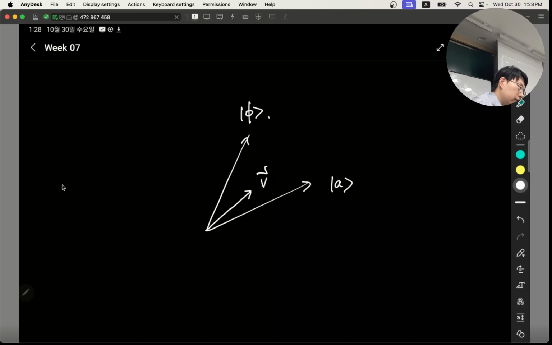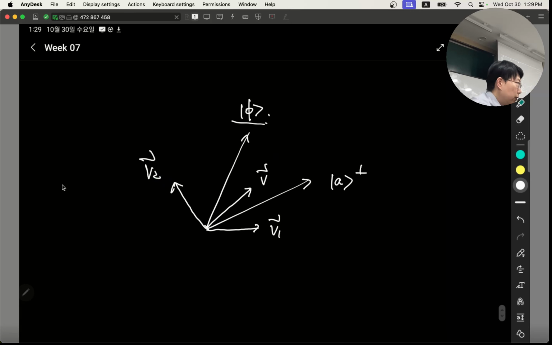Maybe A perp. I want to reflect across A perp. So here I get the result after one reflection, and then I reflect across the phi vector. So then I get, let's see, right here.